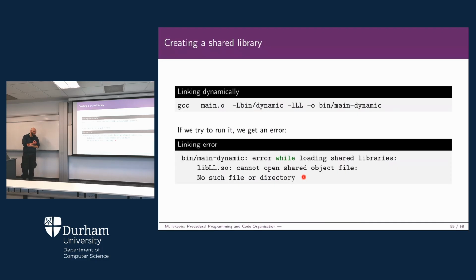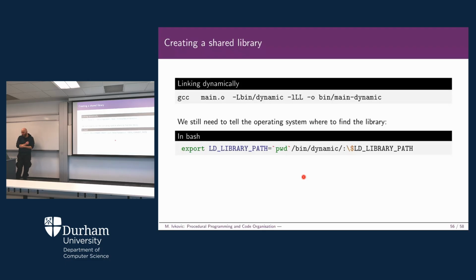It turns out there is essentially a list of system directories where it's looking for dynamic libraries by default, and if your dynamic library is not in there, it will not find it. So what we need to do is tell the system, look into this path as well, where the path is where you want it to look.